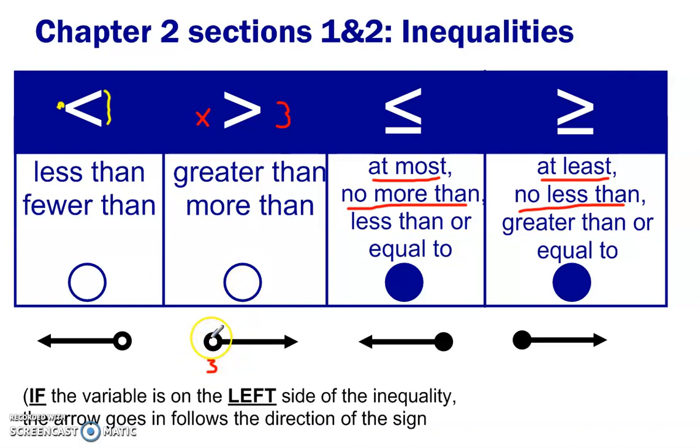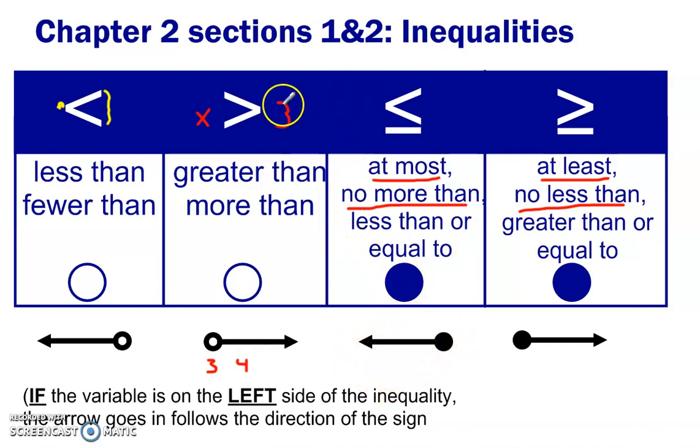It is not 3, so there's an empty circle. There's no solution there, but all the values to the right of 3, like 4 and 5 and 6, all those are part of the solution. At most means less than or equal, but that means it could be equal to. So we have a closed circle going to the left to all the values less than that.